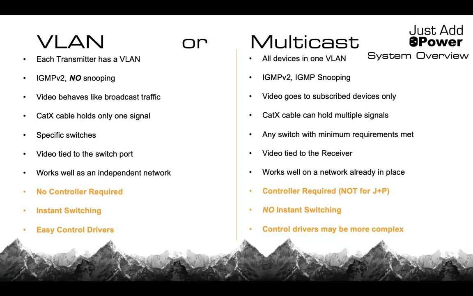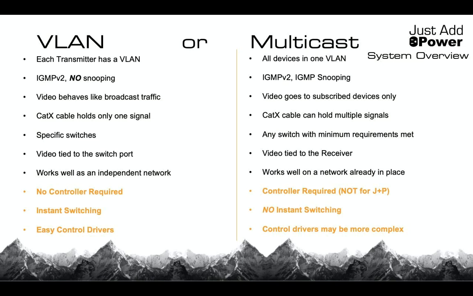VLANs really segregate everything so that we never see the regular network traffic, and the normal network traffic never sees our devices. So we can fully use the entire bandwidth that we need. We're never going to slow down a point-of-sale system or Wi-Fi or anything like that when we're using VLANs, because we're never going to cross the path of the other network devices. So it makes it very clean from a networking perspective, and that's the reason why that's our preferred way of doing things. So that's what we see on the left.